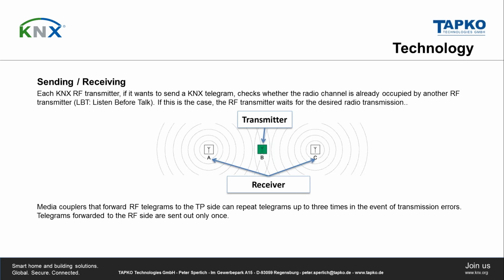When you have KNX RF devices, it is important that the devices are inside the circle where it is transmitted. And the other thing is, before the telegram is sent, the device looks outside to see if there is some traffic on the system in the air, so to say, and the telegram is only sent one time.